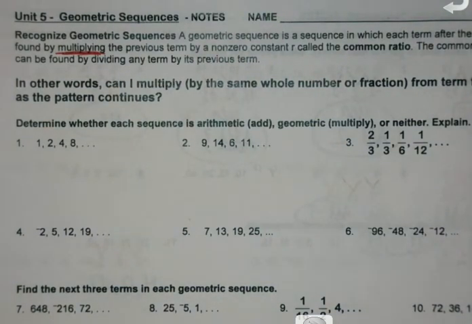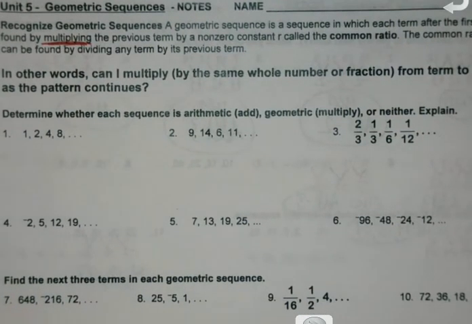So the idea works the same. It's still a pattern, but now instead of adding, it's multiplying. In other words, can I multiply by the same whole number or fraction, it can be a fraction sometimes, from term to term as the pattern continues?